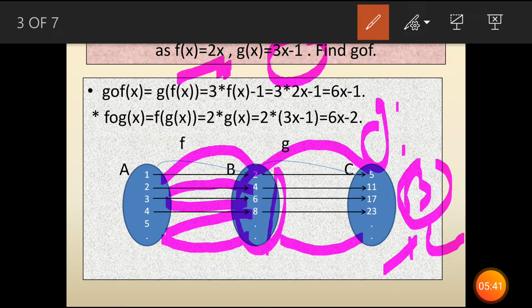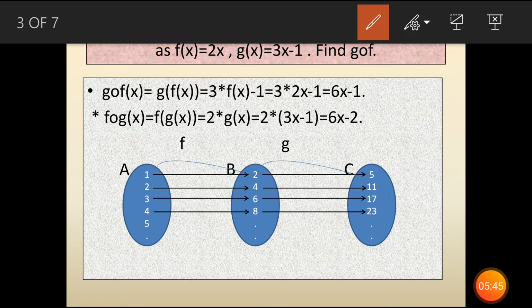So we put 2 here: 3 times 2 is 6, minus 1, that is 5. It means the image of 2 is 5. For 4, 3 times 4 is 12, minus 1, that is 11. And for 6, 3 times 6 is 18, minus 1, that is 17. Likewise, we can get the other images.